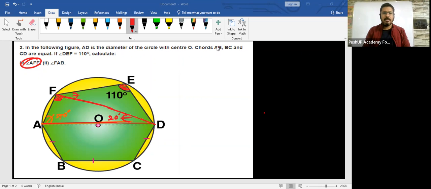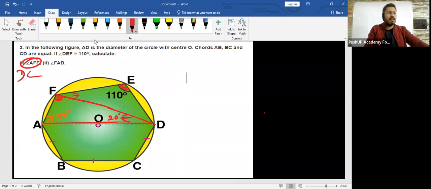Any other data given? Yes. Sir, the question we have to find AEF, sir. That's why I said 20. Oh, okay. Acha, so this is wrong.